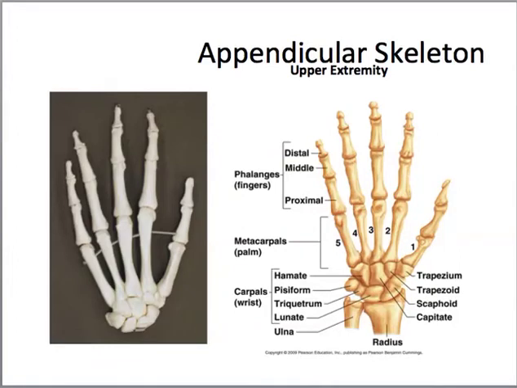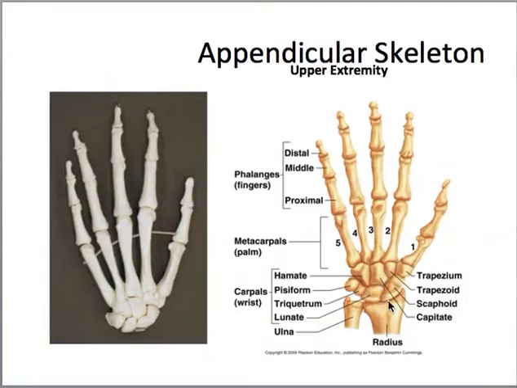What you're looking at here are the bones of the hand, and what you can see from this view are the articulations of the radius and the ulna with these tiny little bones called the carpals.